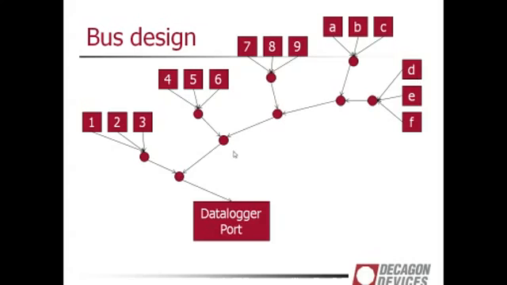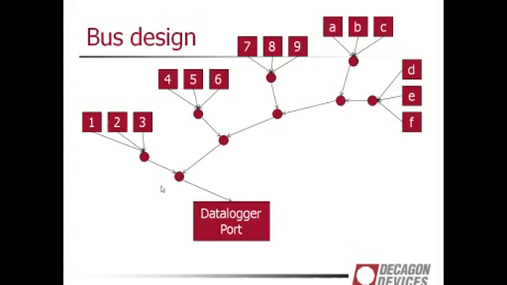If you're troubleshooting and you have a data logger that you can take to each node and plug in at each node, you can start excluding entire banks of sensors. This is going to be a pretty good design if you've got sensors that are dispersed along a transect or in small plots or something like that.